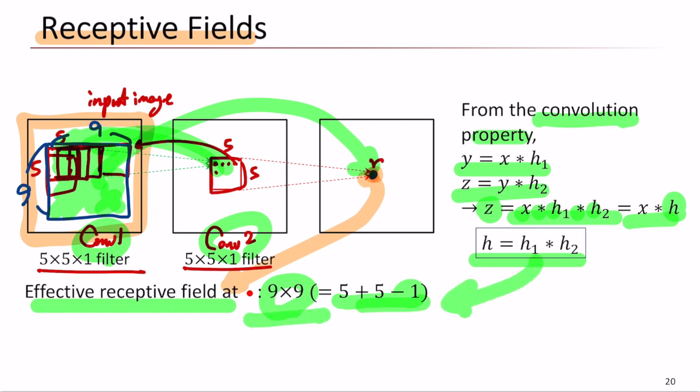So the receptive field is the size of the input image that affects a single output given this convolution layer. That's the receptive field. In other words, if you consider a convolution network, you have to answer what is your receptive field given this network. Right? That's the receptive field.